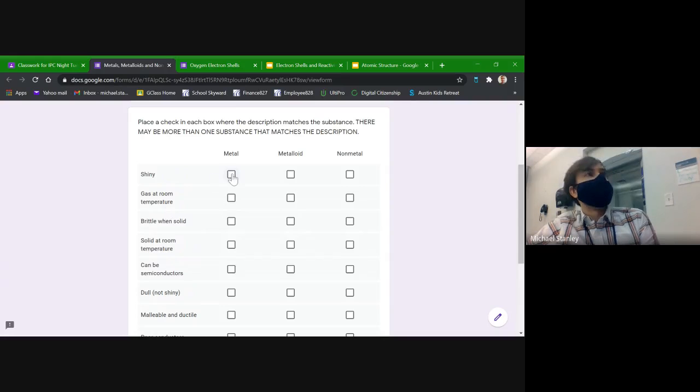So for example, if you think that all of these are shiny, then you would say, yep, all of these are shiny. If you just thought that metals were gases at room temperature, you would say that. If you thought that both metals and metalloids were brittle and solid, then you would pick both of those.